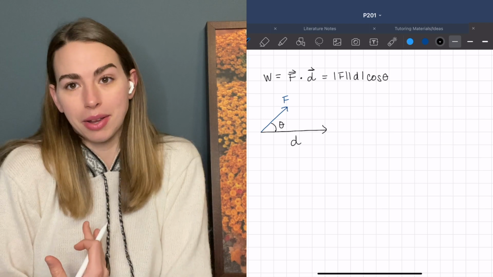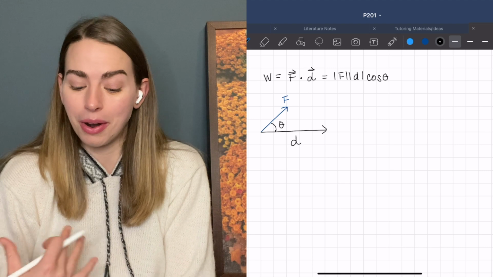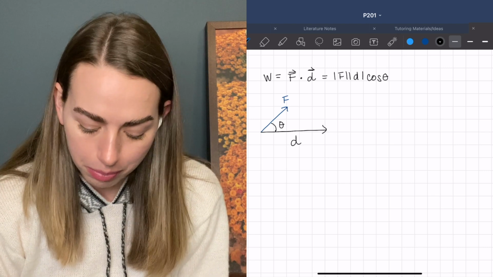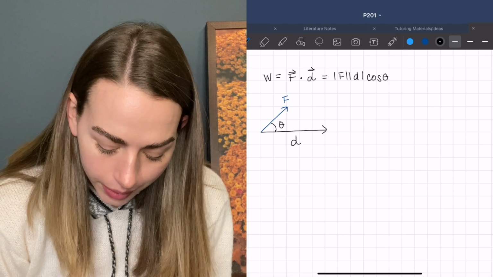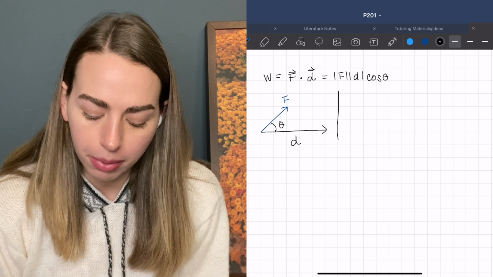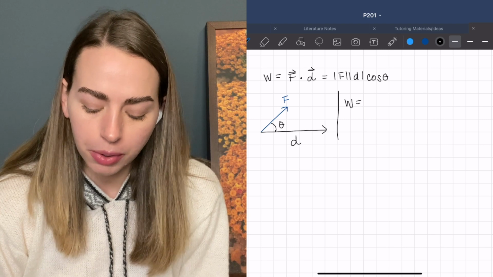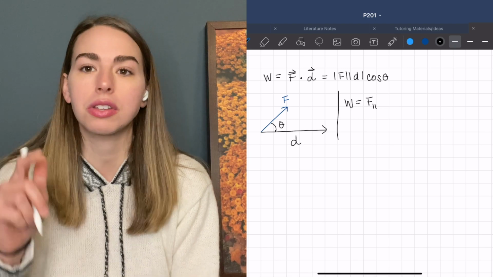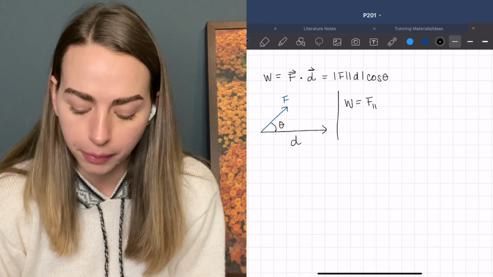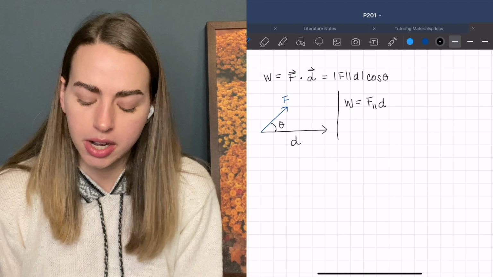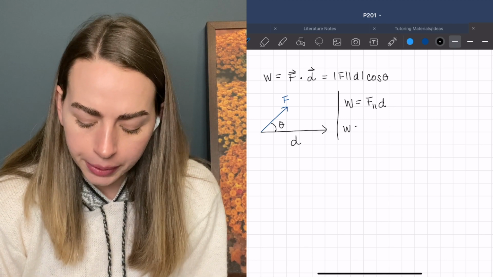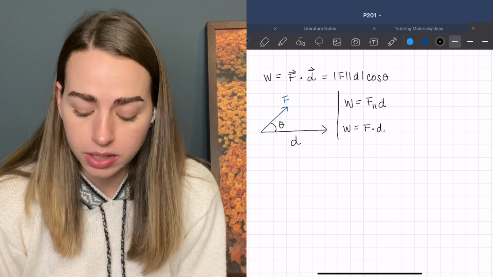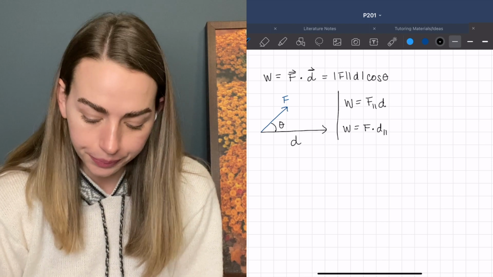I am gonna be a little bit biased. These other two are the ones that I prefer, but I promise they all give you the same answer, and I'll show you how. So the other way that we can think about the dot product is that we're either taking the parallel component of F to D, so those two little lines just mean that it's parallel, so F parallel to D times D, or we're taking force times the component of D that's parallel to force.